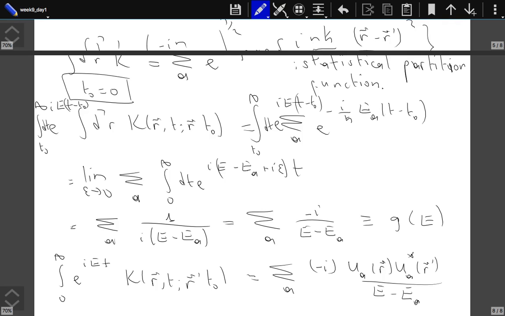Let's say we fix r prime to be some constant, so u_A star of r prime is just some constant. Its r dependence just gives me the energy eigenfunction u_A of r. And if you normalize it, you know the energy eigenstates. So this is an alternative way of solving the Schrödinger equation, assuming you find a way to determine K.